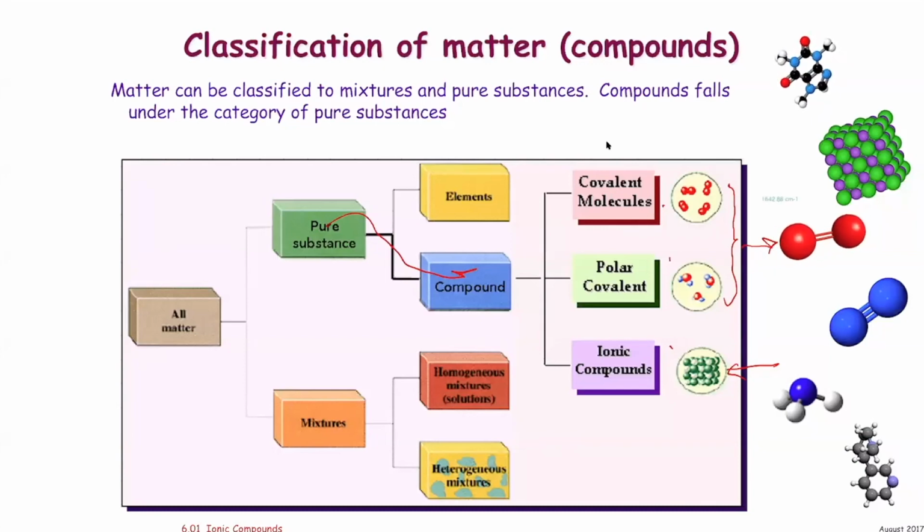And then the other one's ionic. Ionic simply means that the electrons of one atom go to the other atom because it has a greater tendency to attract that electron. So what you form are ions. The one that loses electrons is going to have a deficient amount of electrons, so there are more protons than electrons, so it's called a positive ion. It's called a cation.